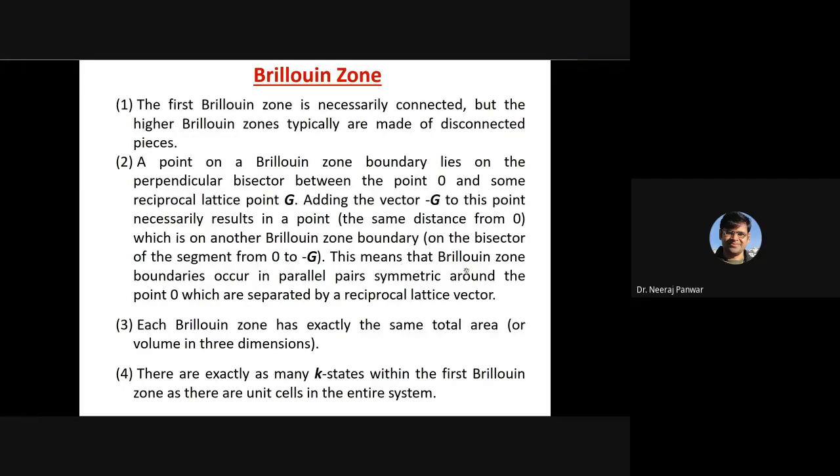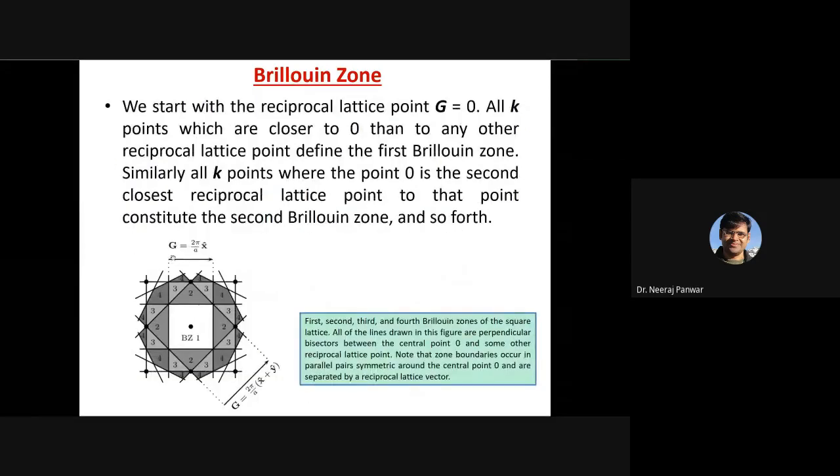This means that Brillouin zone boundaries occur in parallel pairs, symmetric around the point 0, which are separated by a reciprocal lattice vector. So here G represents one reciprocal lattice vector whose length is equal to 2 pi over a.